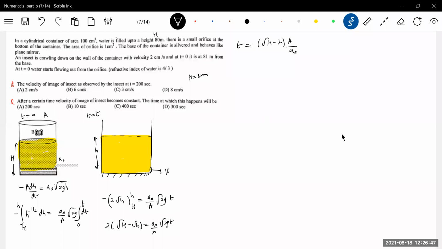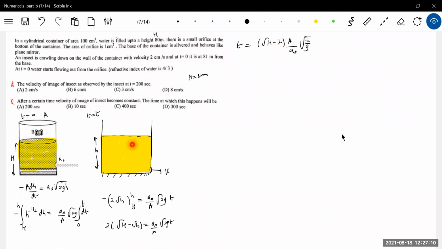Will be root 2g. Okay, now you got the time, substitute that here and you'll get the level of the liquid. Substituting all this, you'll get the level of liquid.